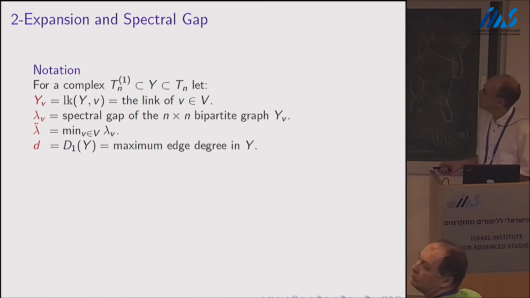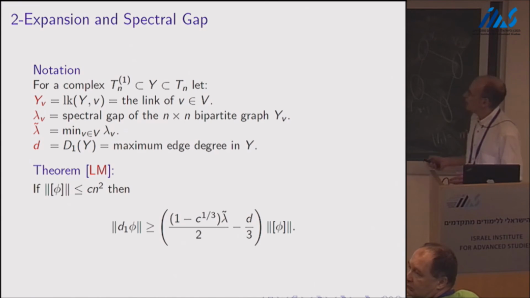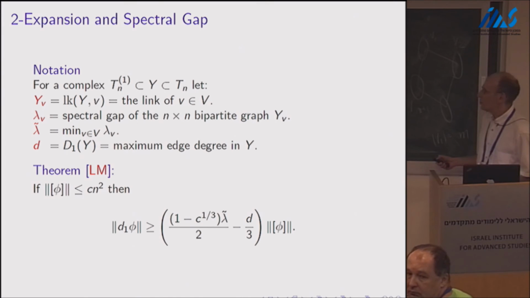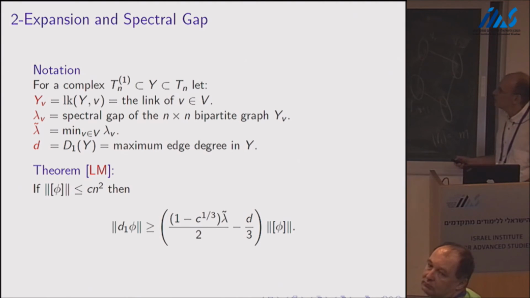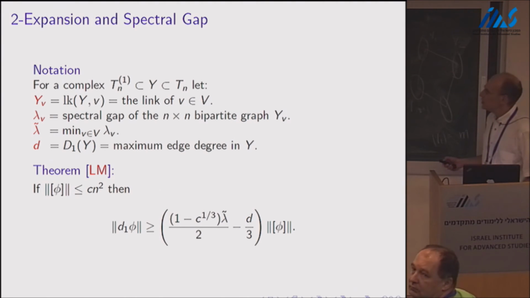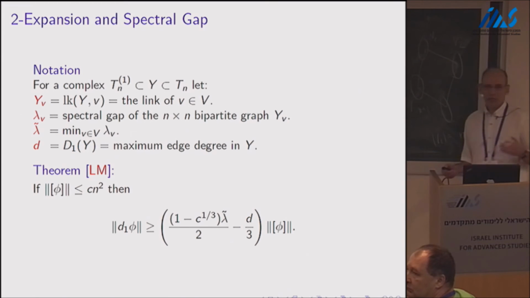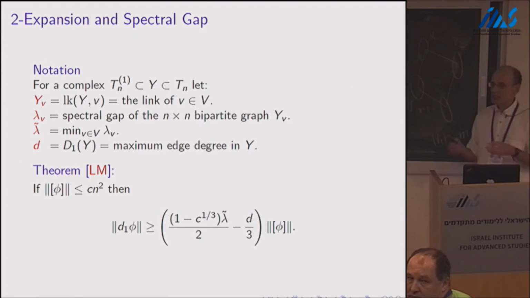So let me just say some words about the first ingredient. Suppose that we have a subcomplex that contains the full one skeleton, as we had in the picture, and contains some simplices. We look at the links of vertices, and we look at the spectral gap of each link. The spectral gap of each link is a bipartite graph.